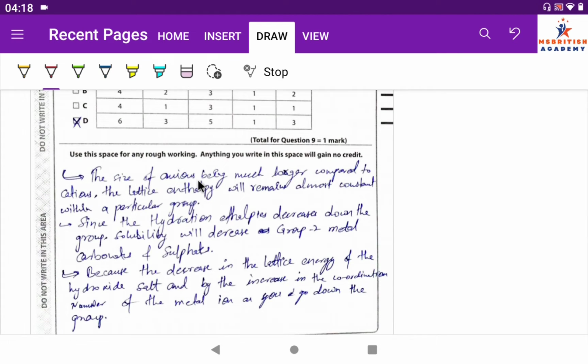The size of the anion being much larger compared to the cation, the lattice enthalpy will remain almost constant within a particular group. Since the hydration enthalpy decreases down the group, solubility will decrease for group 2 metal carbonates and sulfates.